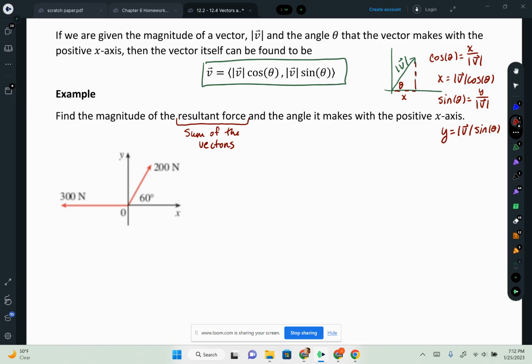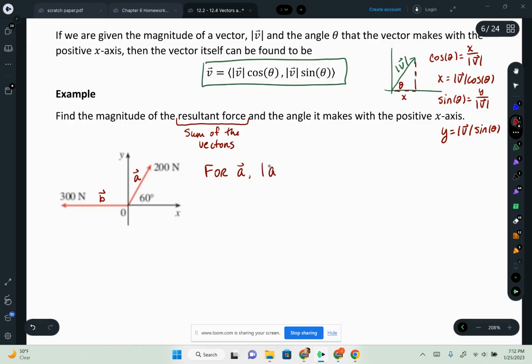So the first thing we have to do is maybe give these two vectors a name. I'm going to call the vector that's in the first quadrant A, and the vector on the negative x-axis, that'll be B. So for A, we know a couple of things.